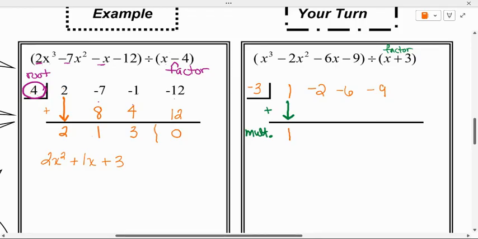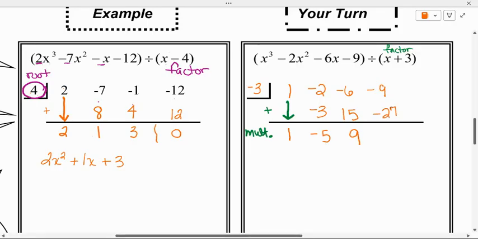What is negative 3 times 1? It's negative 3. What is negative 2 plus negative 3? Negative 5. What is negative 3 times negative 5? It's a positive 15. What is negative 6 and a positive 15? It's a positive 9. What is negative 3 times 9?